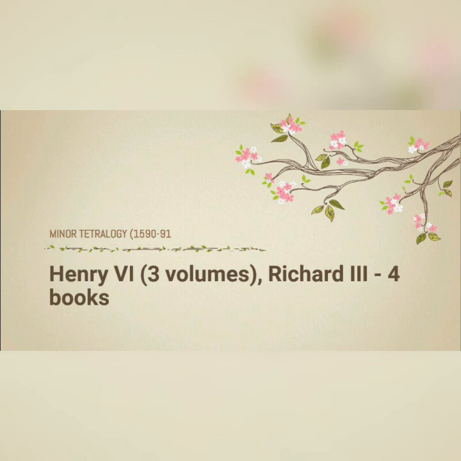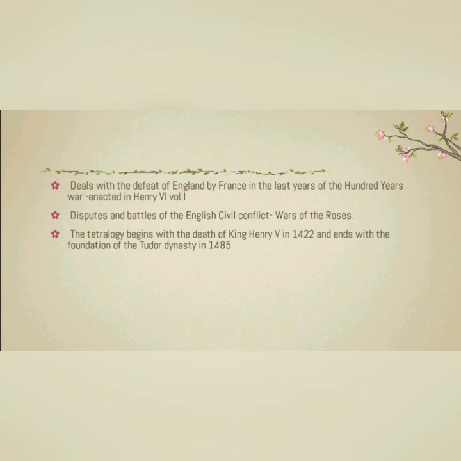Next, we are going to have a further look at the minor tetralogy of Shakespeare. The minor tetralogy consists of 4 books, of which 3 deal with Henry VI and the 4th one about Richard III, which were written in 1590 to 1591.